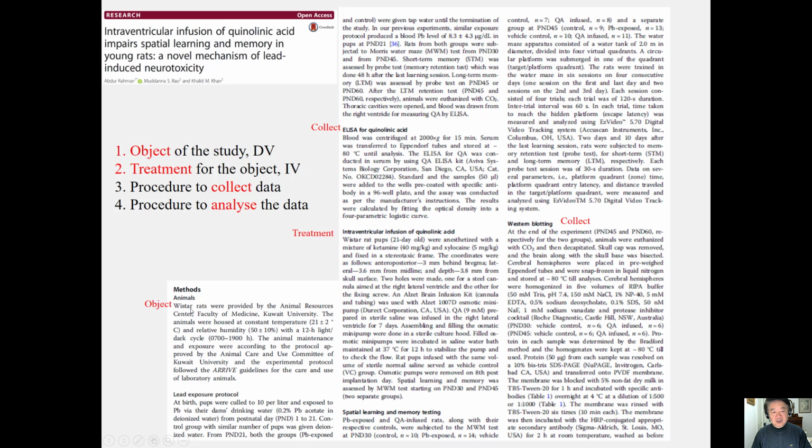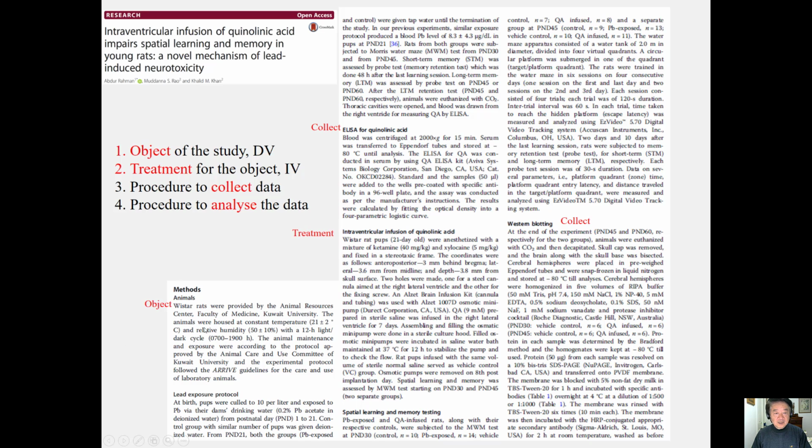You see here, with the rats, how they kept the environment constant: temperature at 21 plus or minus 2 degrees, humidity, and a light-dark cycle. Then normally you have to provide the ethics approval to carry out any animal experiment.